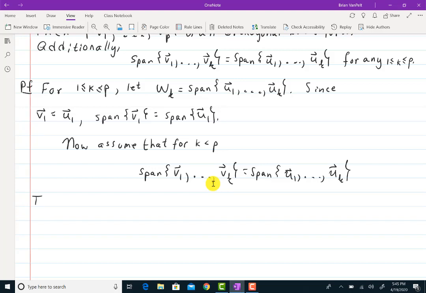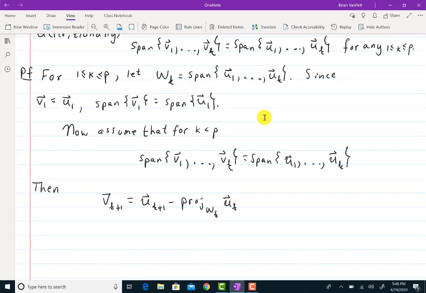So then, let's take a look at what we have. V sub k plus 1 equals u sub k plus 1 minus the projection onto w sub k of u sub k. So I made a mistake right here. That's w sub k plus 1 that goes into that spot there.